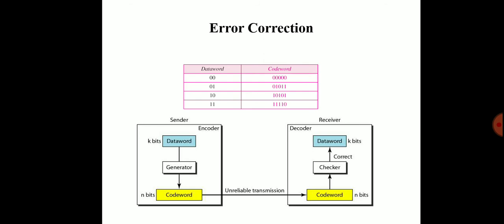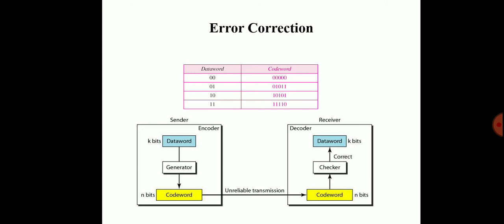Now, the error correction. For an example of error correction, we see the table and the block diagram. The sender creates the code word 01011. The code word is corrupted during transmission and 01001 is received. The receiver finds that an error has occurred, assuming that only one bit is corrupted.